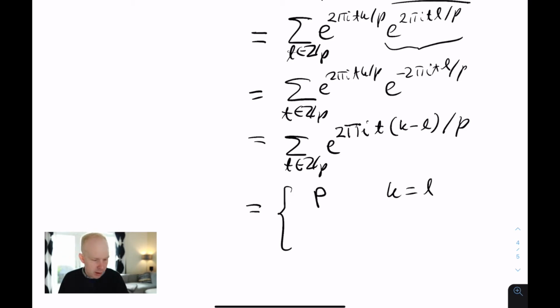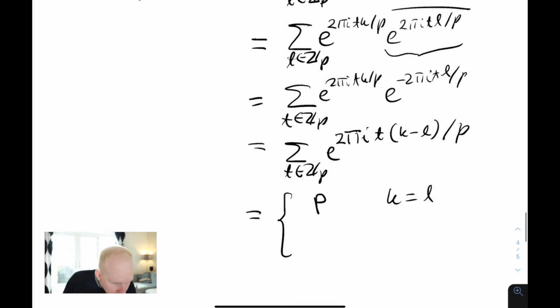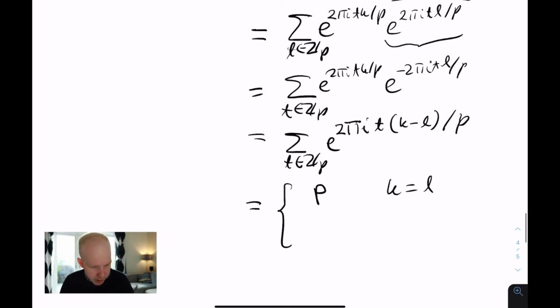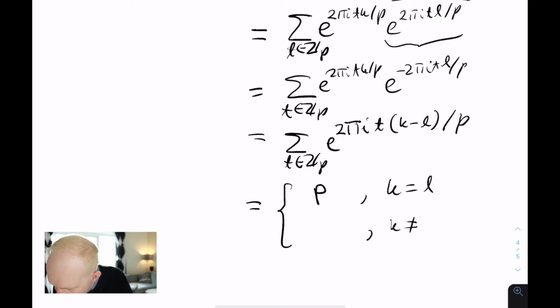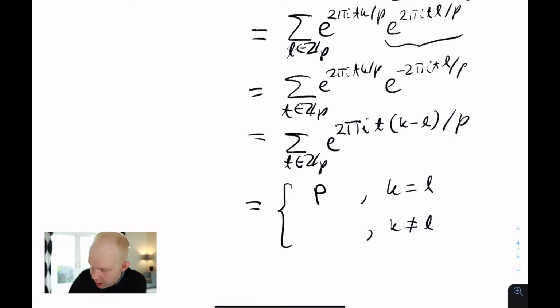I noticed that there is a slight error in exercise 4.10, so there should be a p here. And when k is not equal to L, you can use the exponential summation formula again, and you can prove that this is equal to 0 in this case, because you are basically going around the space with rotations by angles.